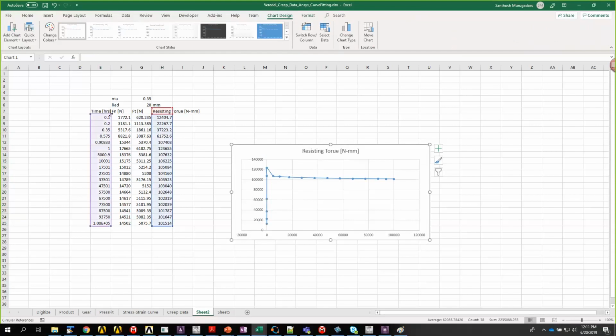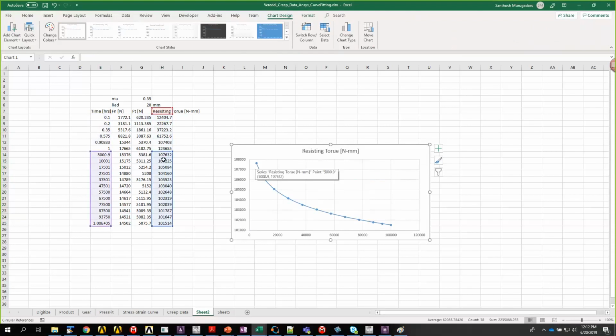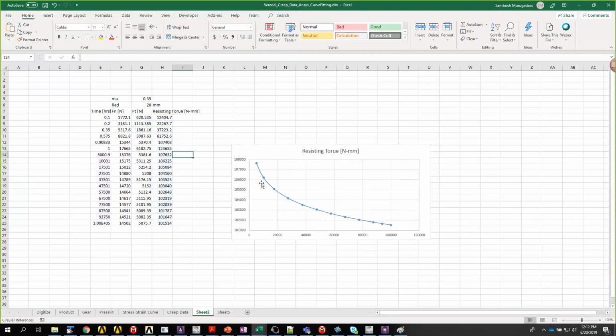Let me remove this up to one time. Initially the joint torque is around 107 kilonewton mm, but over time it has come down drastically.